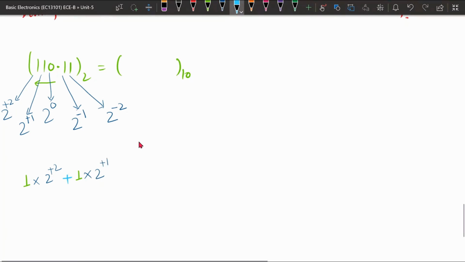Next is plus 0, the next digit, so 0 will be multiplied by the weight, that is 2 to the power 0.